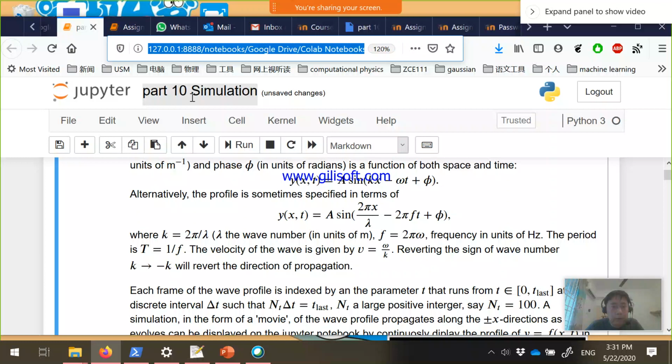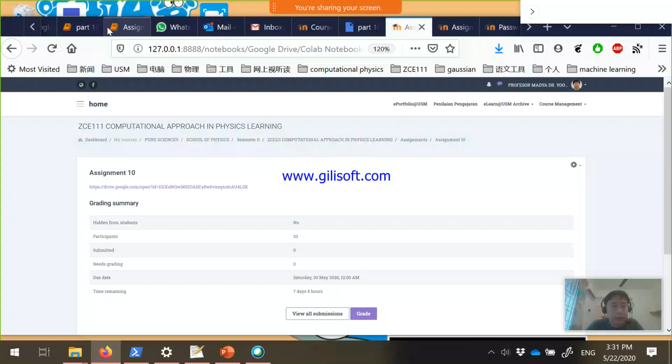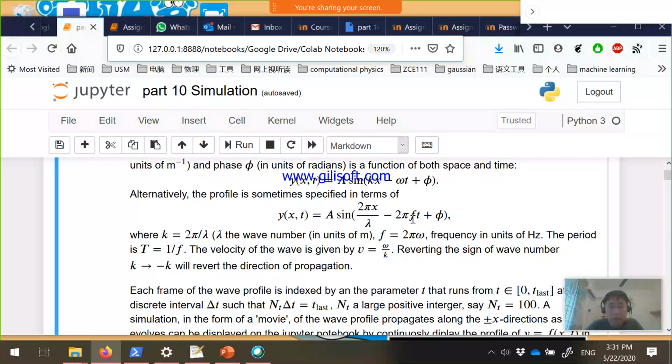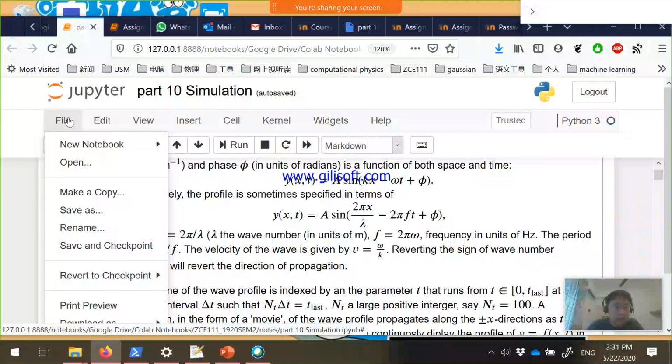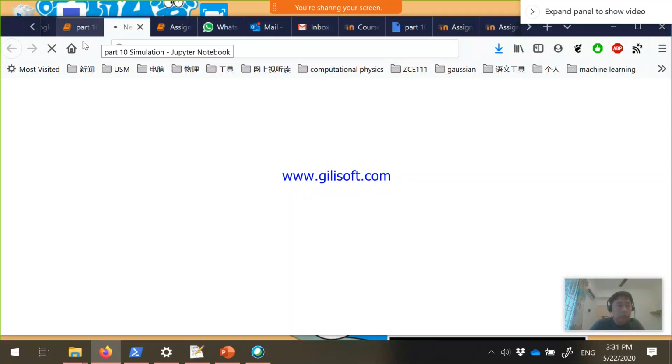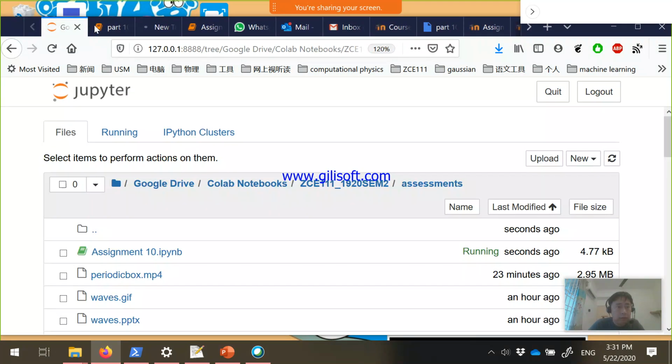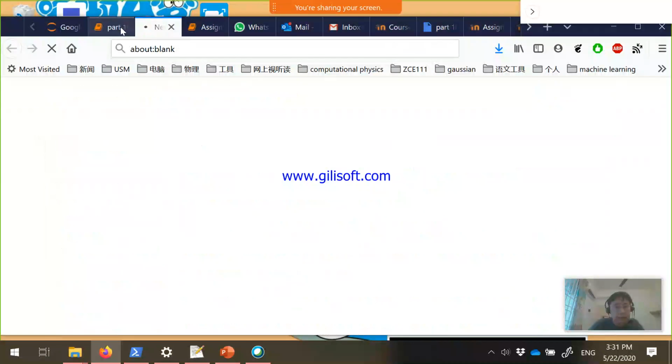This is wrong. Okay, I think I have to make some corrections here. I'm not supposed to use this file. I'm supposed to work in the copy version, not the original version that you are seeing.